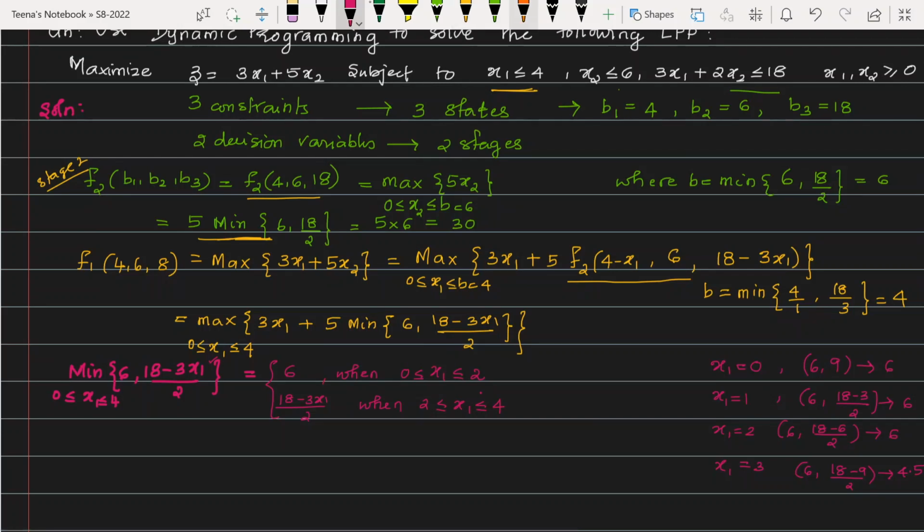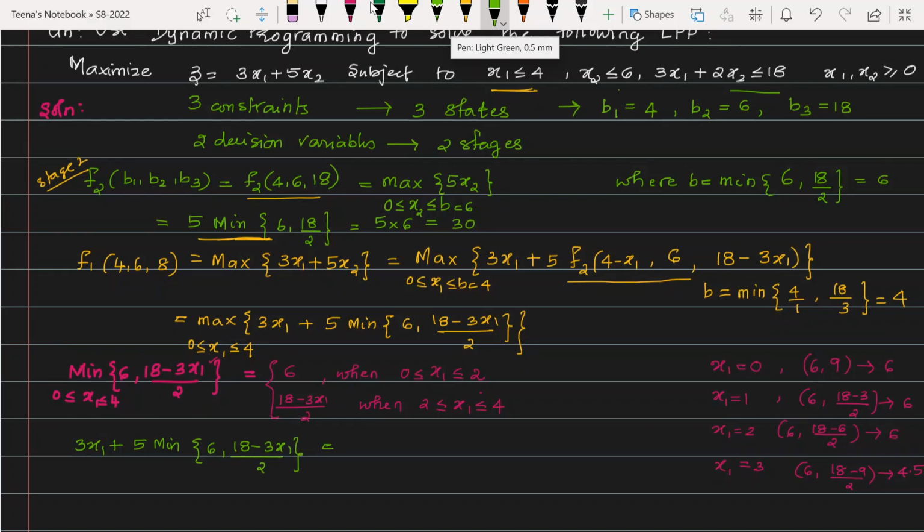Now let us proceed to find the second minimum value. We are going to substitute this minimum value into 3x1 plus 5 into minimum of 6 comma (18 minus 3x1) by 2.